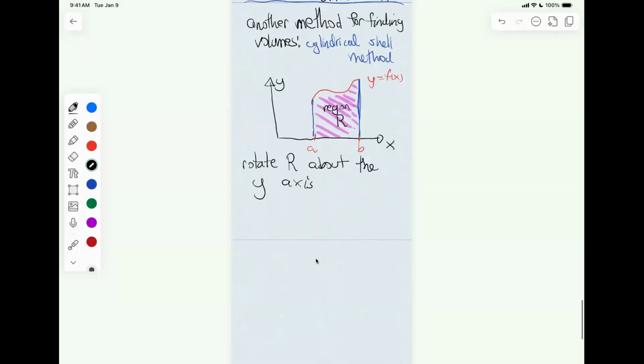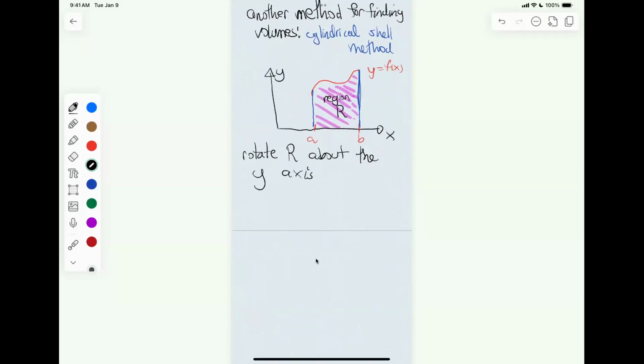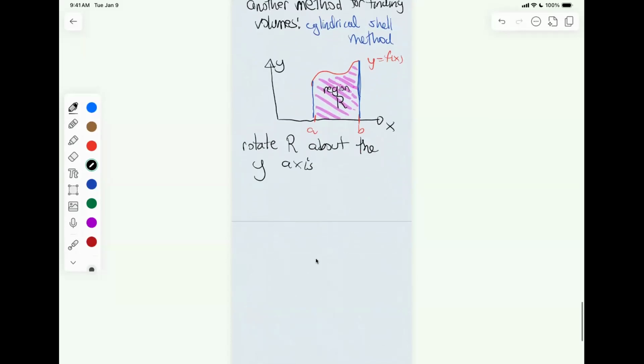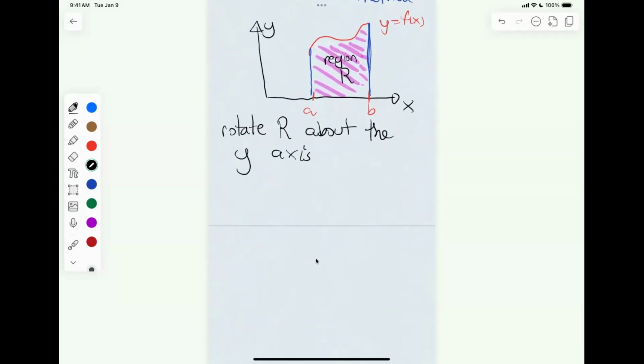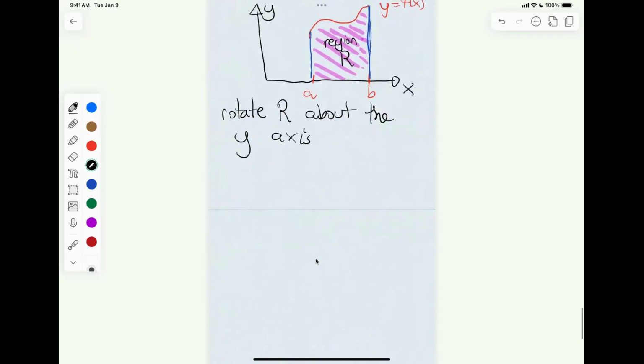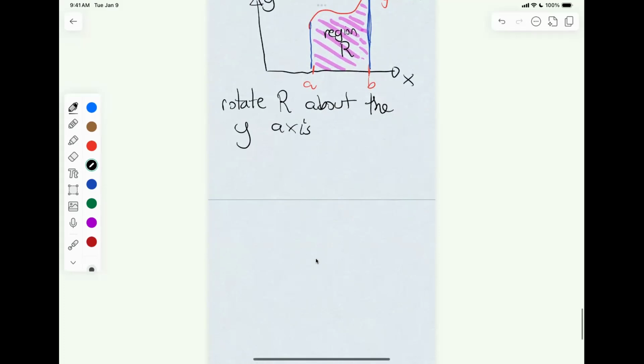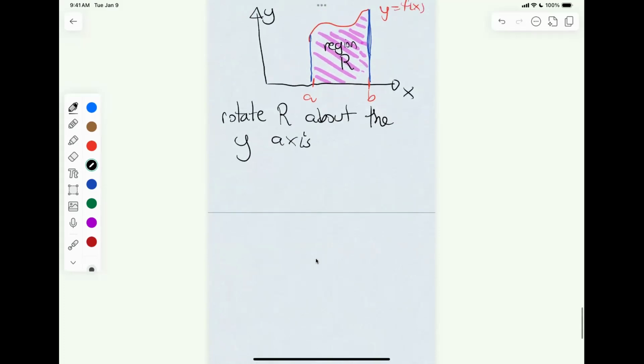So again, what I was saying, I'll show the picture a bit better.